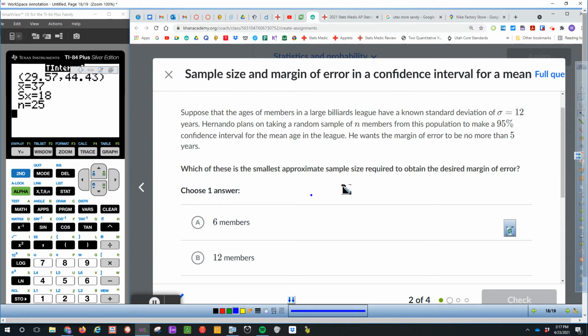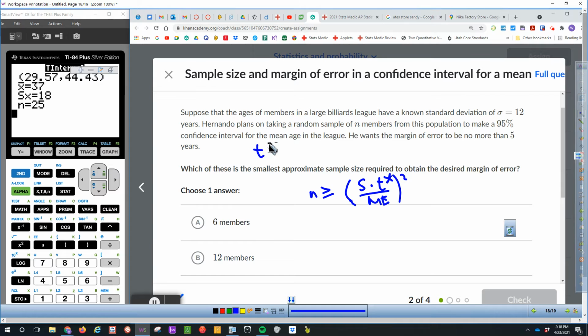Remember the formula: n is greater than or equal to s, the standard deviation, multiplied by t star divided by the margin of error, squared. One problem is, how can we get t star when we don't know n?